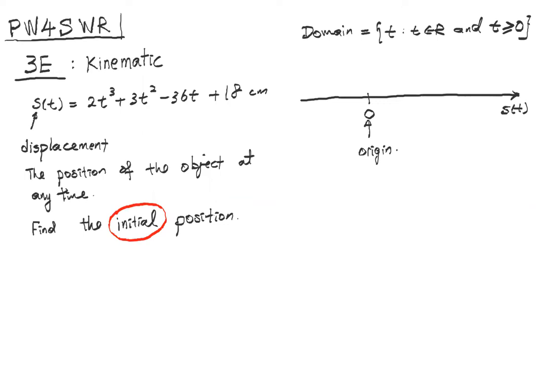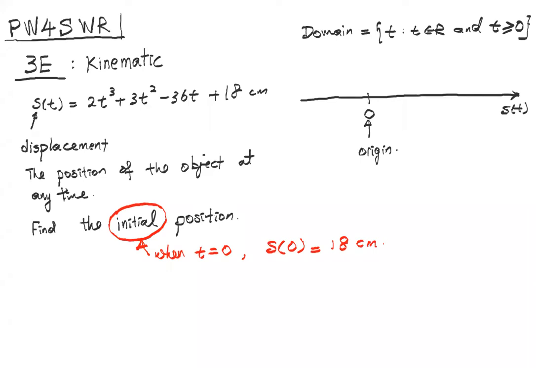Straight away it says when t equals 0. What is your s(0)? That is called the initial position. The moment in kinematics you see the word initial, you have to substitute t equals 0. Got it? So the initial position will be 18 cm.